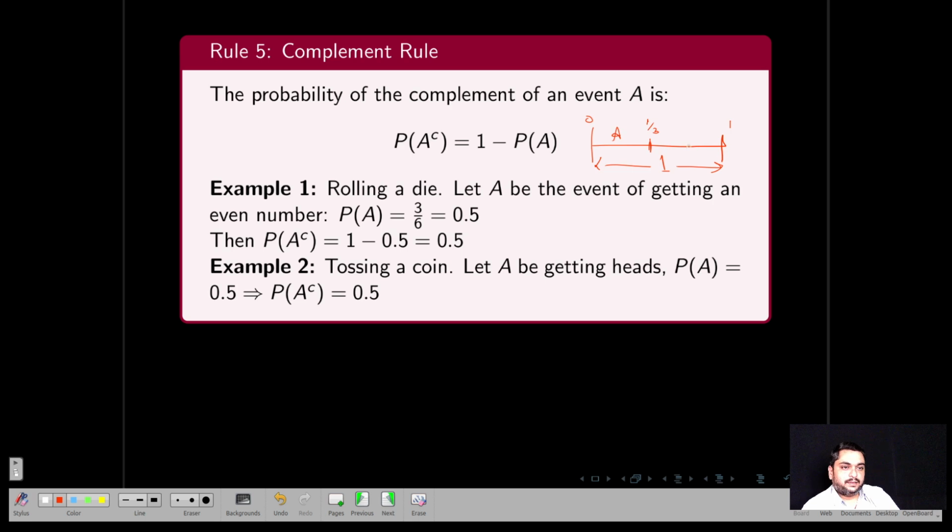This is event A and this is event B. So the probability of A is 1 by 3. How will you get the probability of B? The probability of B will be 1 minus the probability of A, right? It is 1 minus 1 by 3, this part. So this is how you can solve the problem. That is the complement rule.